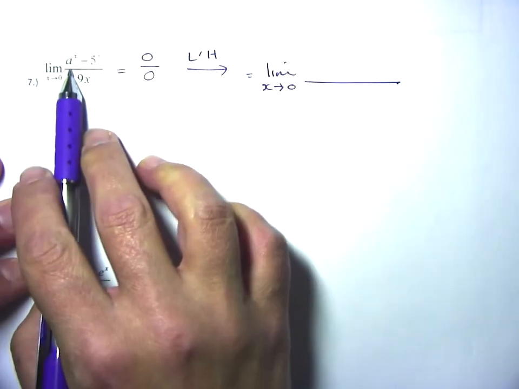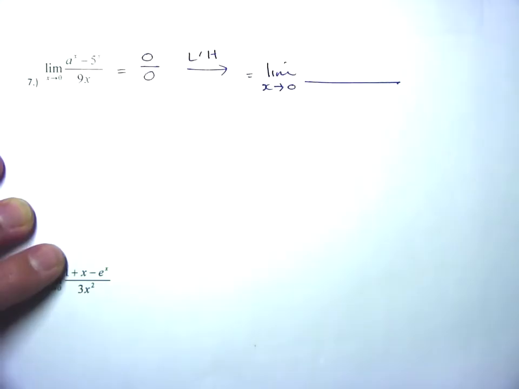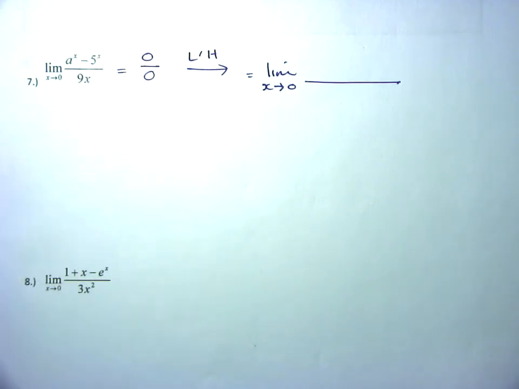What is the derivative of a raised to the power x? The mistake that you're making is that you are using the power rule of differentiation to take the derivative of an exponential function. So what was the rule for exponential functions?